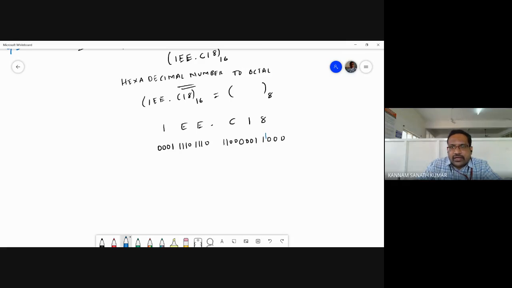Why? Because octal 8 is equal to how much? 2 cube. Okay, so you need to combine 3 bits. Your point is there. Okay, 3 bits. So 000 is how much? 0. 011 is nothing but 3. 000, 110 is 6, point, 110 is 6, 101 is 5.